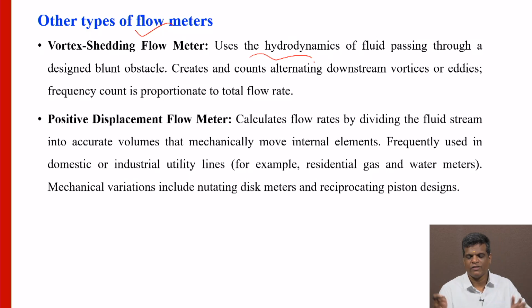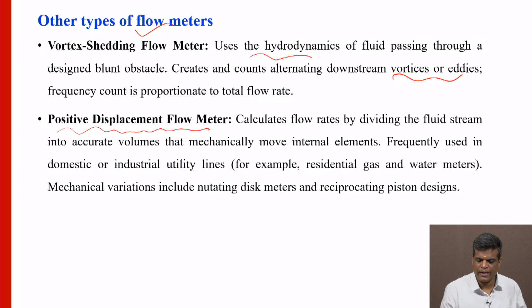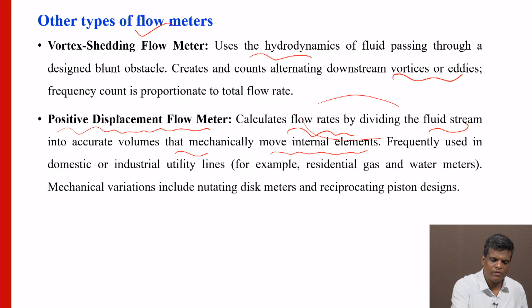Whenever the velocity is very high, a lot of vortices and eddies form. Another is the positive displacement flow meter, which calculates flow rates by dividing the fluid stream into accurate volumes, with mechanical internal elements moving. We frequently use this in domestic settings and sometimes in industry lines, for example gas and water meters.